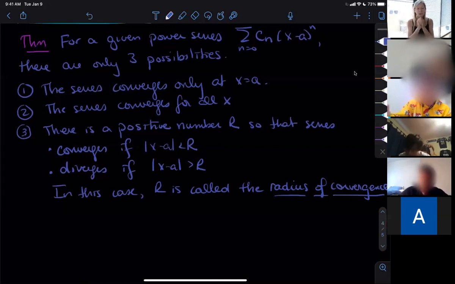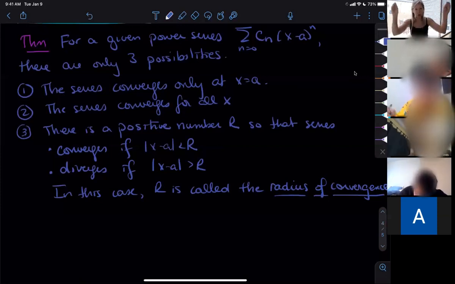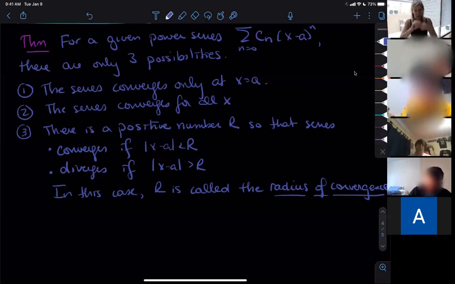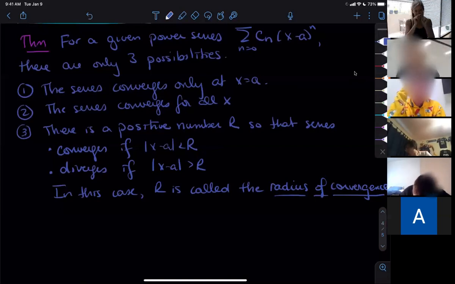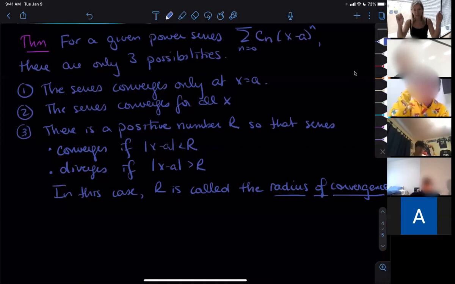At the center. I mean, if you had a circle, if we were in 2 dimensions, you'd have the center, and then you could sort of go out a certain distance in all directions. That would be your radius until you sort of hit this edge. Well, now if you're on the line, it's the same idea. You've got this center, and then you've got the radius. You can go that distance in either direction and still be in the region of convergence. But once you escape that radius, it diverges. Okay, so that's the radius of convergence.